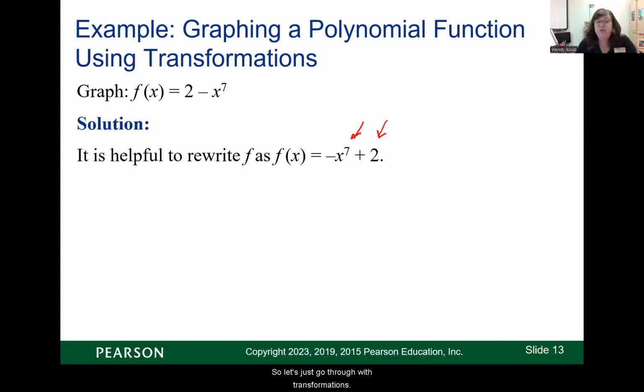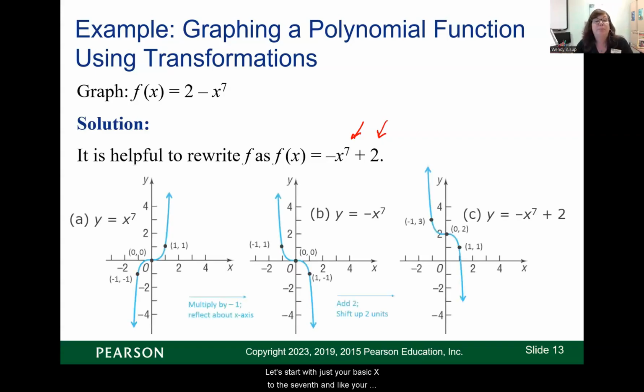So let's just go through with transformations. Let's start with just your basic x to the 7th. And like your basic x to the 3rd, x to the 5th, it's going to kind of go down through the origin and up. Now we need to consider the negative. The negative is going to make us flip it upside down across the x-axis. So if you were at negative 1, 1, now you're going to go up here and be at negative 1, positive 1.